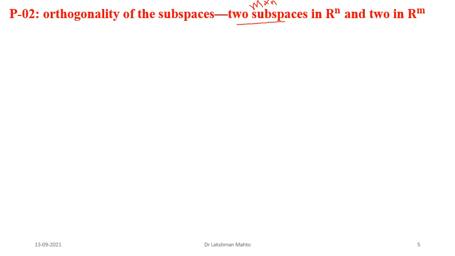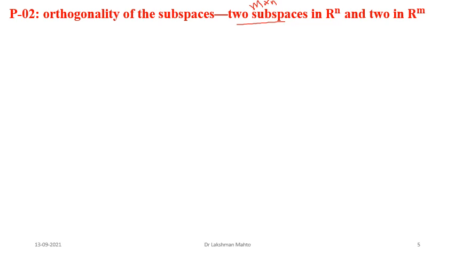That means if you take any arbitrary element from the row space of A and another arbitrary element from the null space of A, and if you do the dot product of these two, that dot product would always be zero. That means every member of the column space of A transpose and every member of the null space of A happens to be perpendicular or orthogonal to each other, and these two are complements of each other.